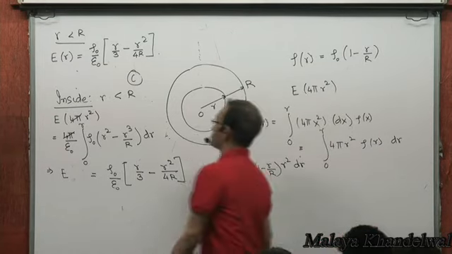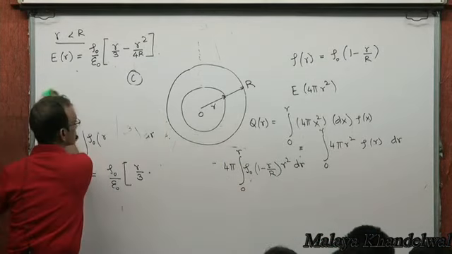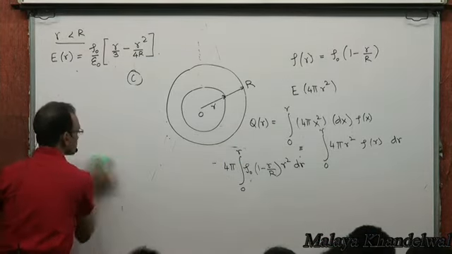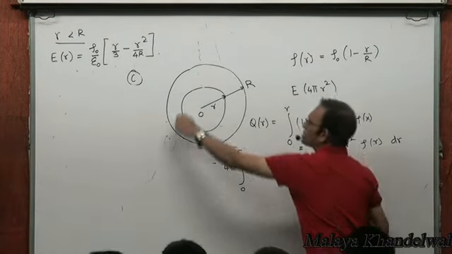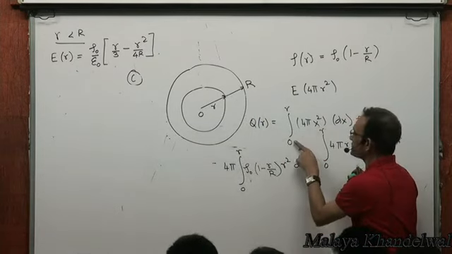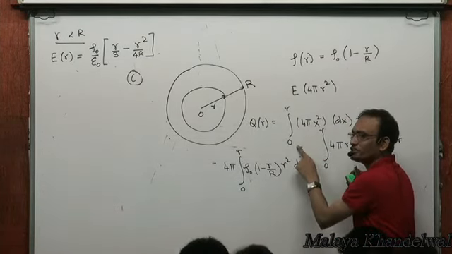Now outside the region. See, if I have to find the total charge inside this, what would I say? 0 to capital R will give me the total charge, right?